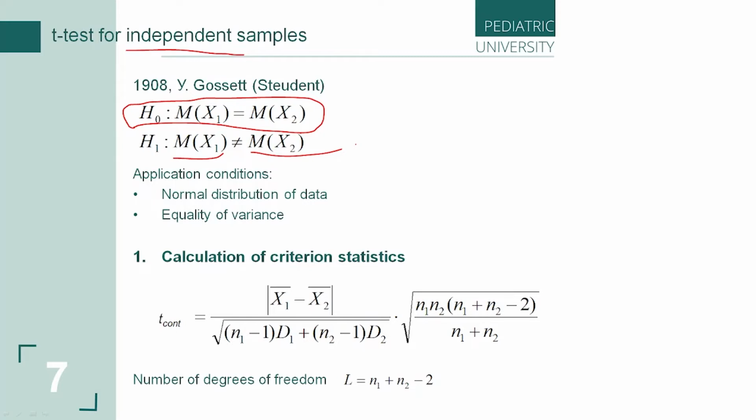And what are the conditions of application? Firstly, the normal distribution of the data is mandatory, because we can apply this criterion only if the data are distributed according to the normal distribution law. That is, we must check our samples for normality of distribution.